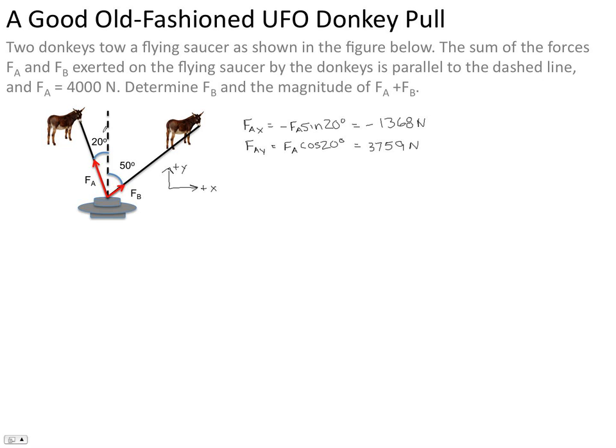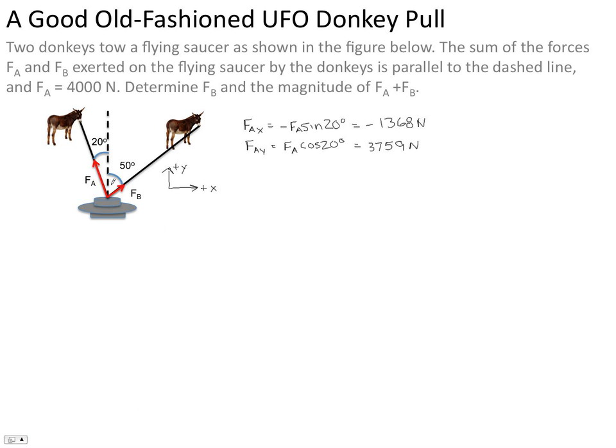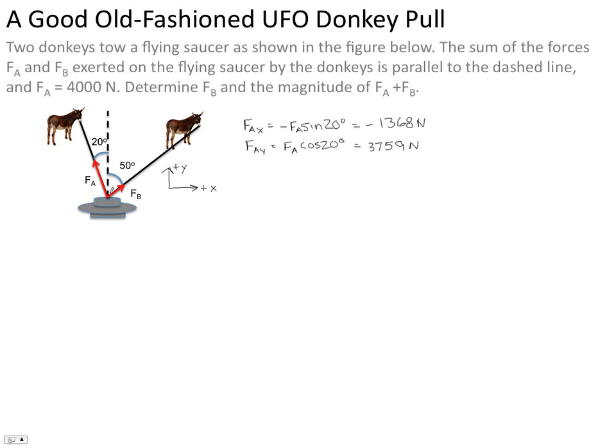So if the sum, let's change pointer colors here. Let's not use red, let's use a different color. Let's use cyan.